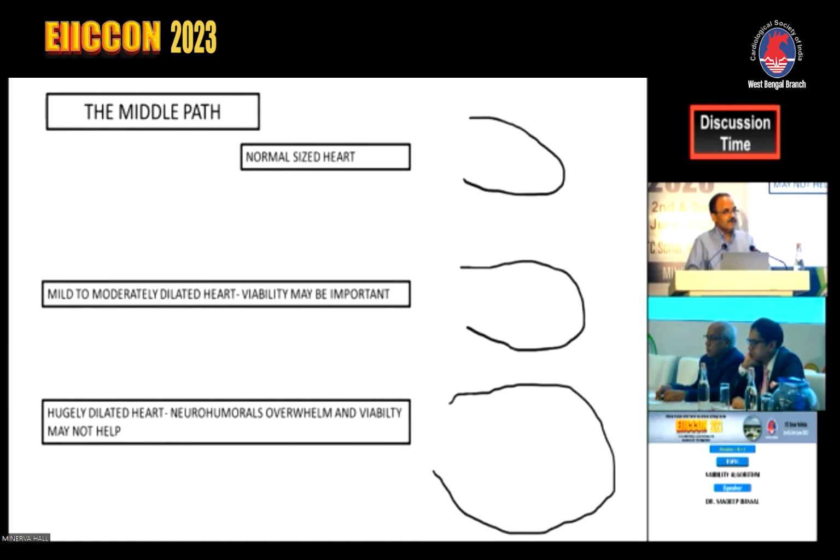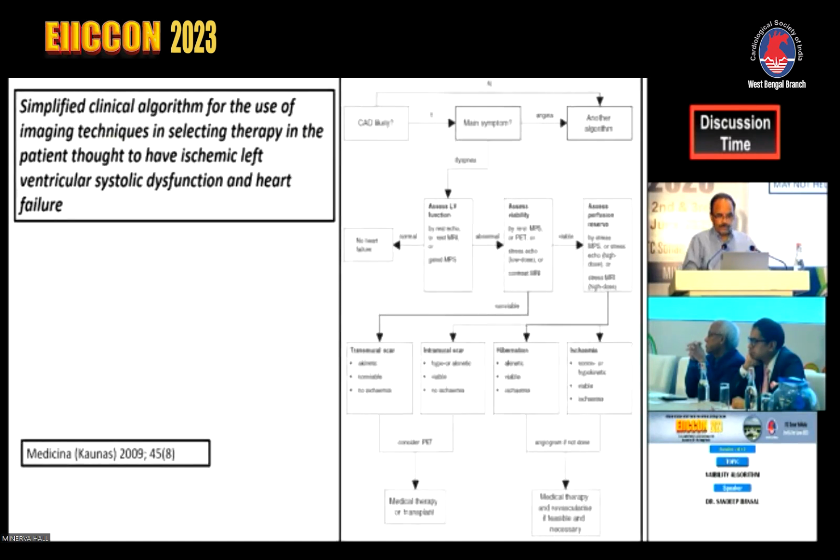Here, the viability is important. But if you have an extremely dilated heart, as is given at the bottom, then the neurohumoral systems have already overtaken the benefit of viability. Whether you revascularize them or you don't revascularize them, you're not going to get benefit. So volume is also very important.